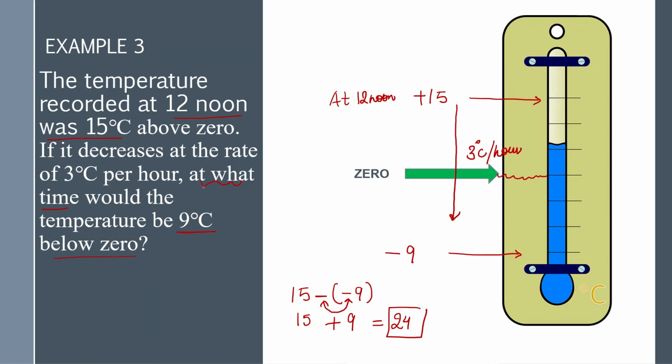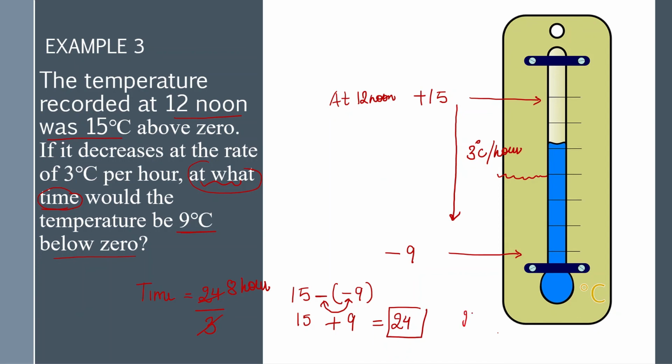Now you need to find at what time. So it started at 12 noon. The temperature descends at 3 degrees per hour. So how will we find the time? We will divide by the rate, which is 3. 24 divided by 3 is 8.